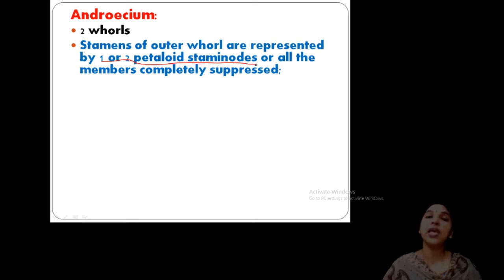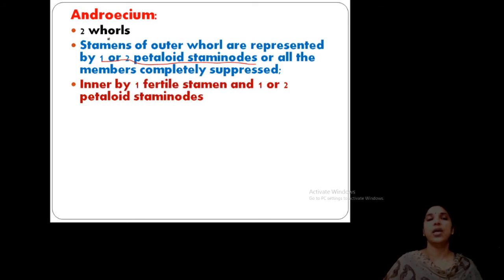So from the three, either one petaloid staminode or two petaloid staminodes, or what happens is all three are suppressed, meaning they are absent or inconspicuous in the outer whorl. Then look into the inner whorl, how it is organized: having one fertile stamen, which is very important, and the other two are petaloid staminodes.